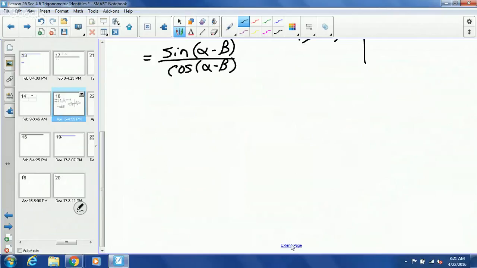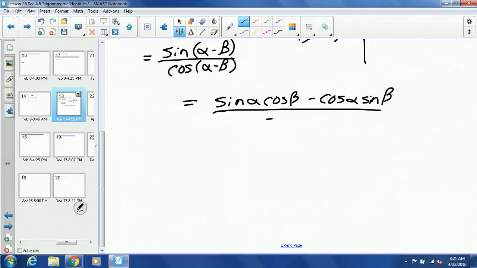So all I've got to do is, and you don't have to write this part, but I'm going to, so everybody else see where I am. When I do the difference of sine, it's going to be sine of alpha times cosine of beta minus cosine of alpha times sine of beta. All right, and you just told me that we'd already worked this one out. Okay.